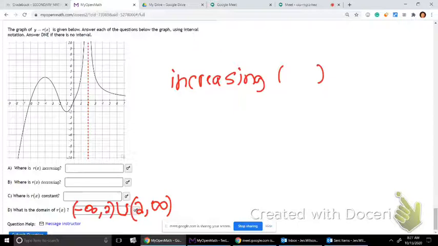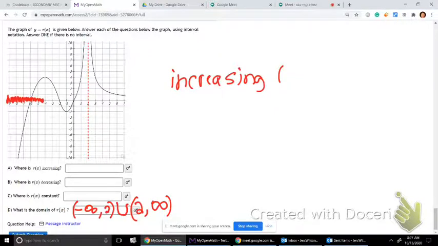So I'm going to now color everything that's increasing on my graph. Let's see. Just starting at negative infinity down here, it's increasing all the way until it turns right here at this coordinate.